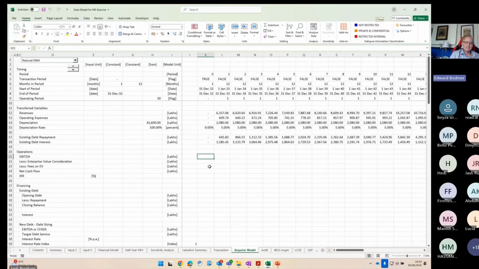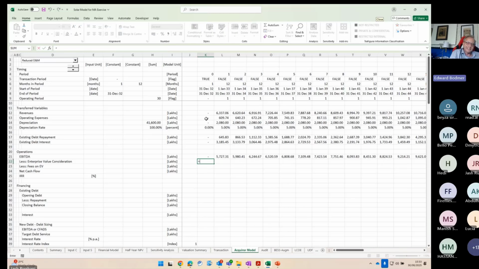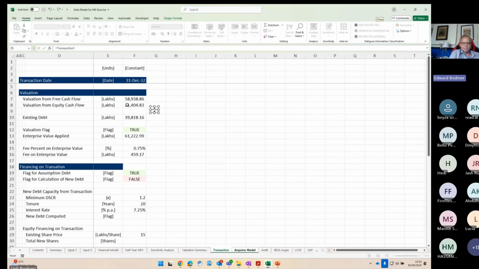Thank you so much. So let's put an equal sign and get the EBITDA, the revenues minus the expenses. Okay. Shift Control R. And then we have to pay the enterprise value. So how about going to column F and just getting our enterprise value, go all the way back to column F and get our enterprise value from, I think we used the other one, from the sources and uses.